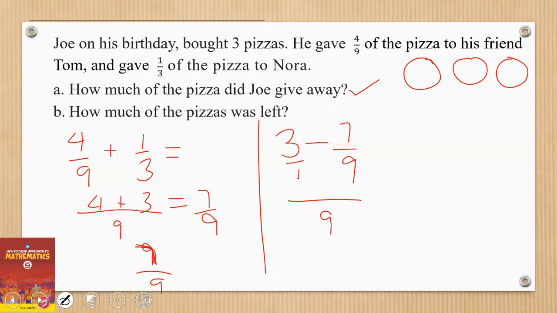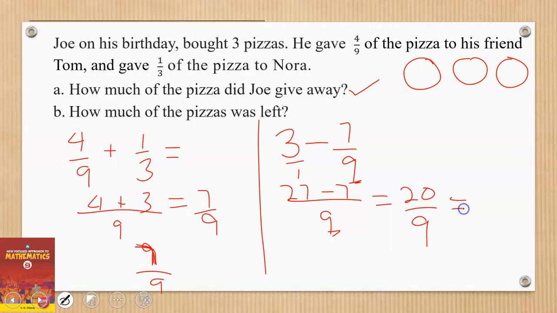We can see how 1 can divide 9 as 9. Then we multiply the 9 by 3 to give us 27. 9 again can divide 9 as 1, times 7 will give us 7. Now when we subtract this, we have 20/9. Okay. Now that means what is left is 20 divided by 9.